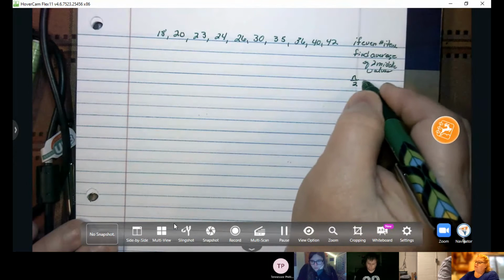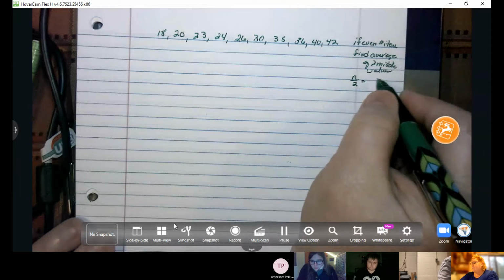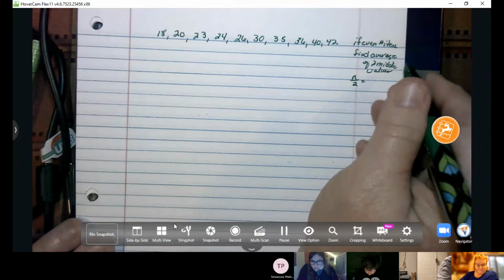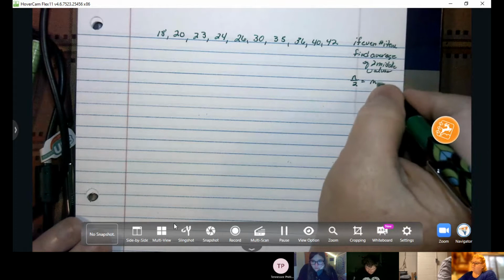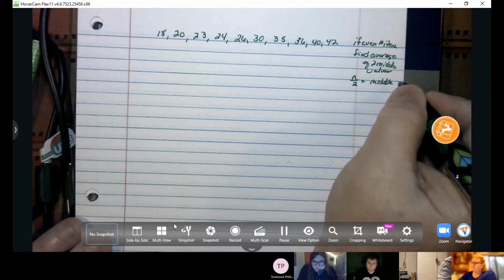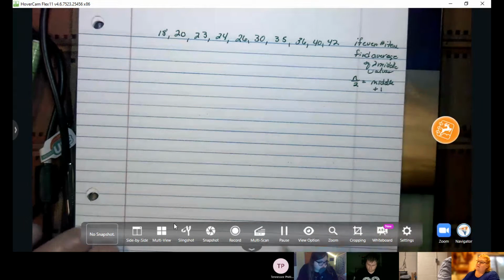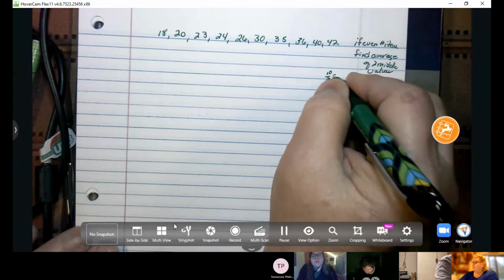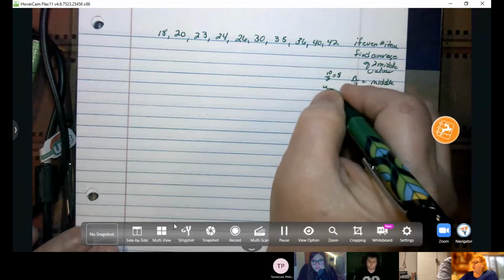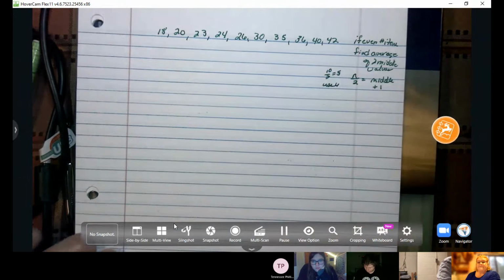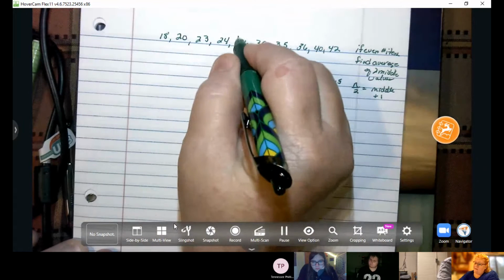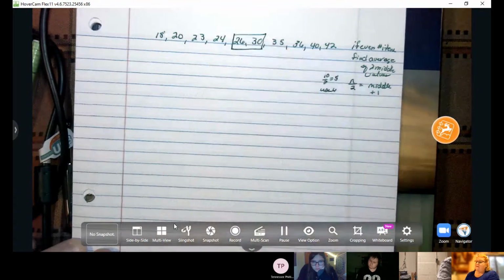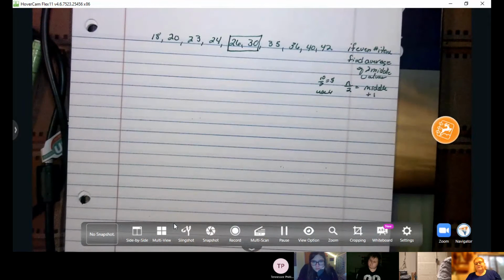So n divided by 2, in this case, gives us the 2 middle. So 10 divided by 2 gives us 5, and then we also use the 6th item. So 1, 2, 3, 4, 5, and 6. The 2 middle values.